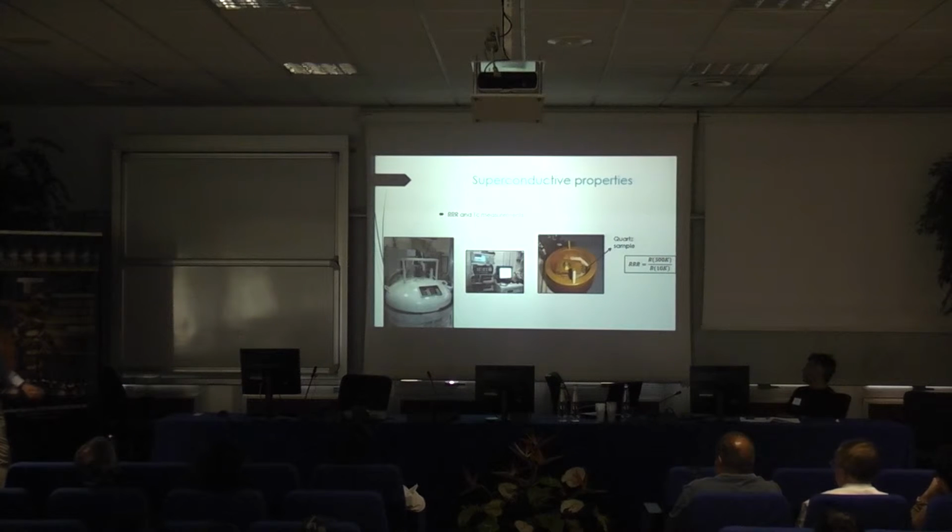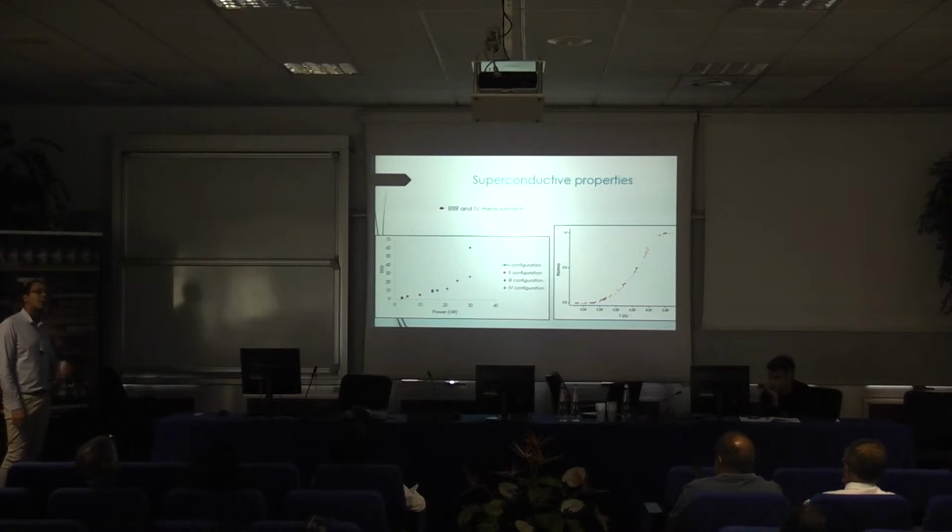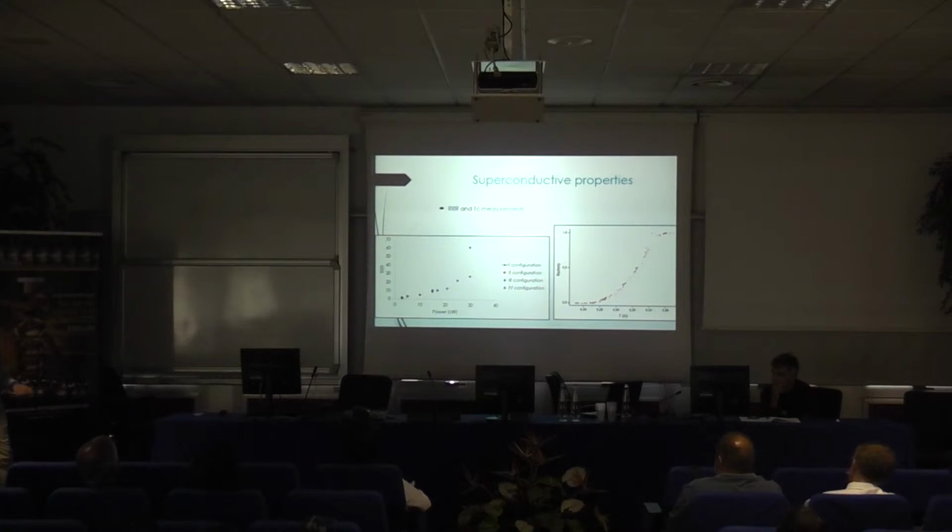But then we decided to measure the superconductive properties. We were measuring using the 4-point method, and we got this. That's an interesting thing that we got, because that's a plot of the RRR against the power, and we saw that increasing the power, the RRR also increased.